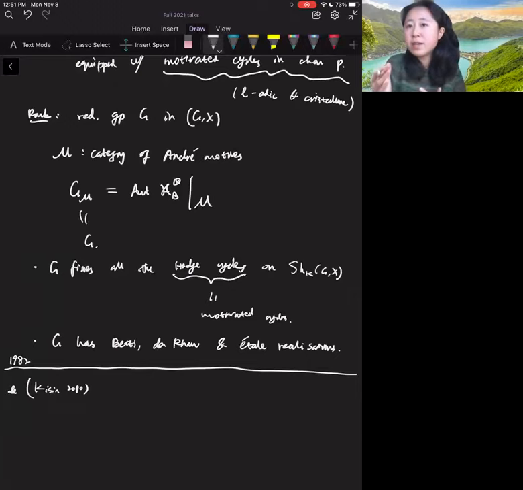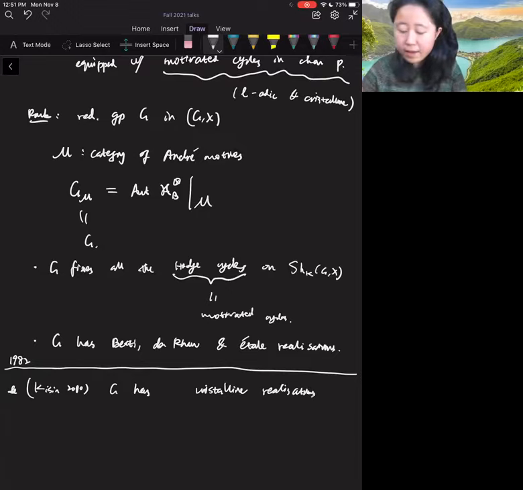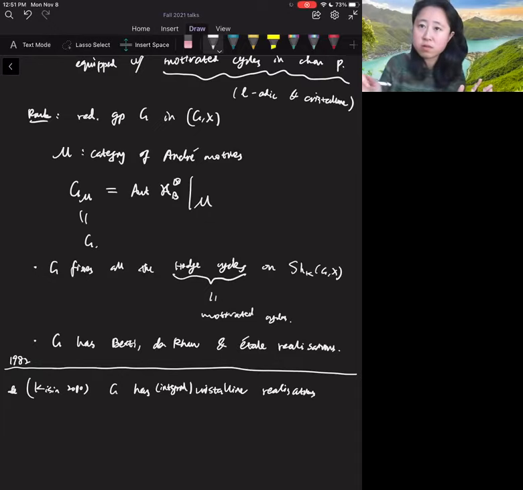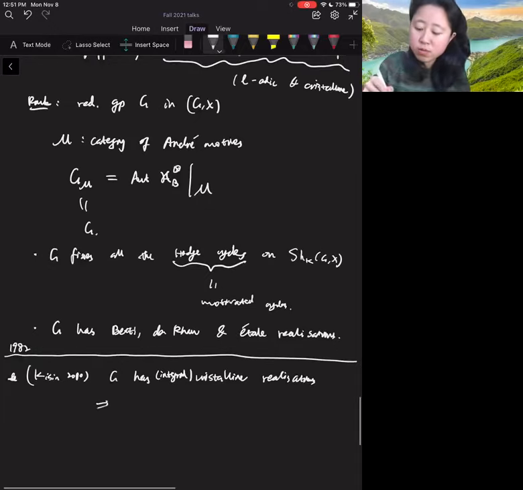He uses integral p-adic Hodge theory, and he showed that G has crystalline realizations. And in fact, even better, G has integral crystalline realizations. This just means you don't invert p in your crystalline cohomology. And this leads to good integral models.